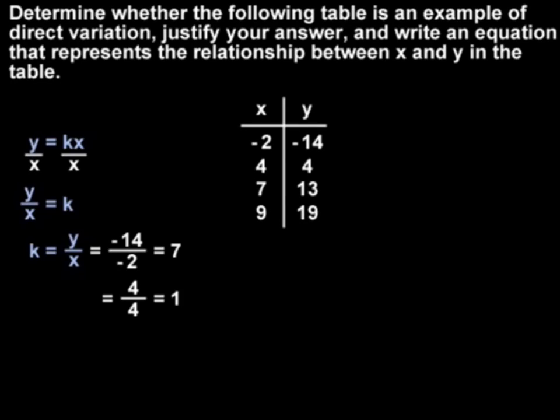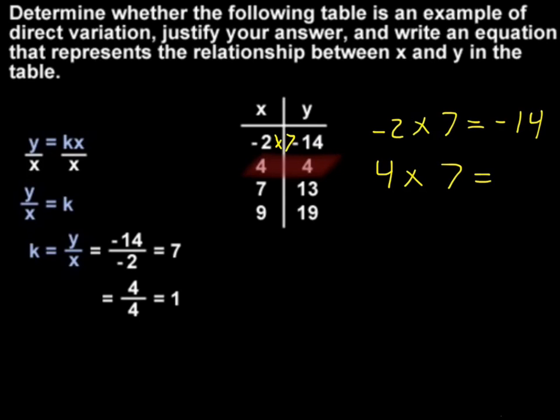So the first one, we can multiply this by 7, is what that's saying. So negative 2 times 7 equals negative 14. So now let's look at 4. 4 times 7 equals 28.